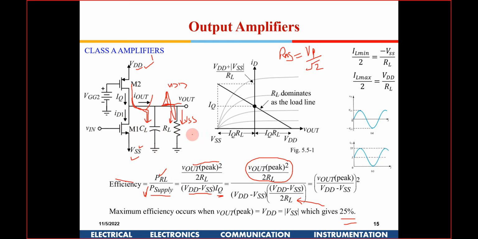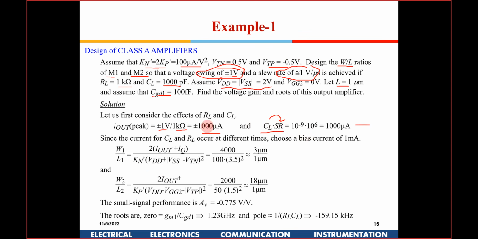This load comprises a CL and an RL, so I have to look after both requirements. Is it okay? Yes, sir. That is why I check both requirements, CL and RL, and accordingly decide the value of the current. The greater of the two currents should be taken.